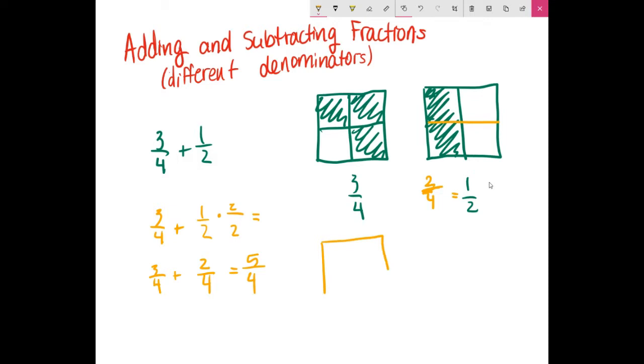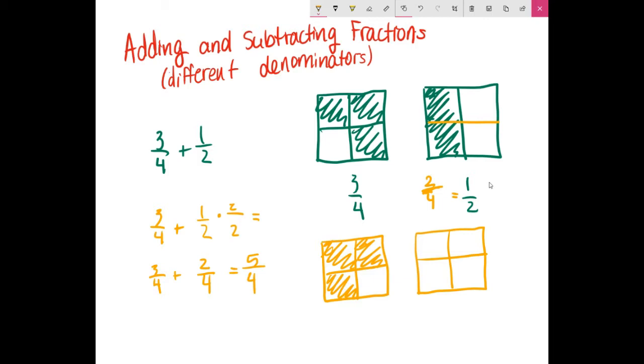Well, let's look at it again. We got 2 boxes with 4 pieces. 3/4 were shaded originally. And then we're adding 2/4.